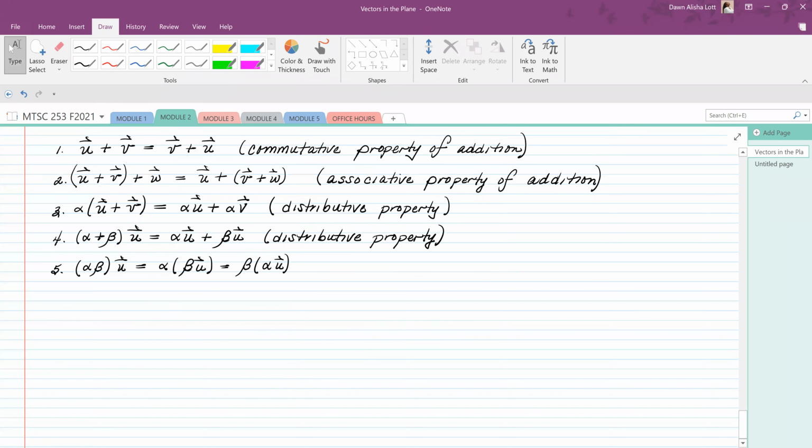So all that says is if I have u equal to 1, 3, v equal to -1, 6, and w equal to 0, 7, I can do u plus v and get 0, 9.